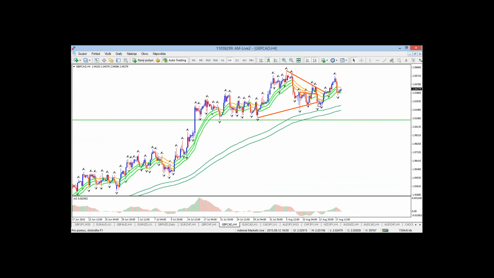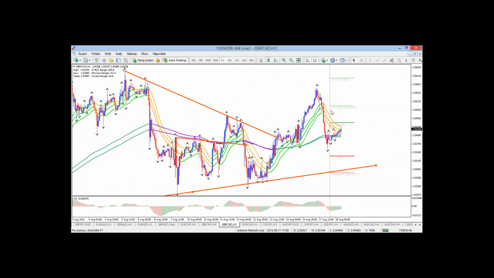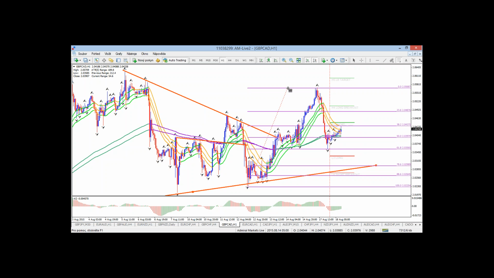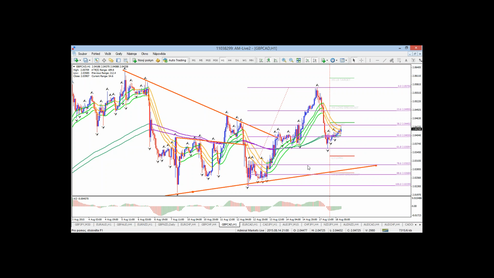Got the breakout of this triangle and now hooking back to support. So let's take a look at this hook back. 61.8 fib already retraced.